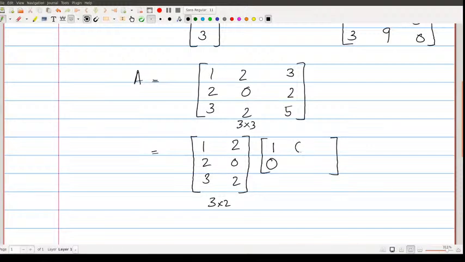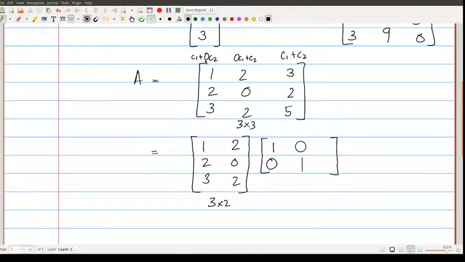The second column is just 0 times the first column and 1 times the second column. So you just get 2, 0, 2. And lastly, what you have over here is 1 times the first column plus the second; you want to add them up. So this is C1, this is C2, and this is C1 plus C2. You can think of C1 as C1 plus 0 times C2, and you can think of C2 as 0 times C1 plus C2.